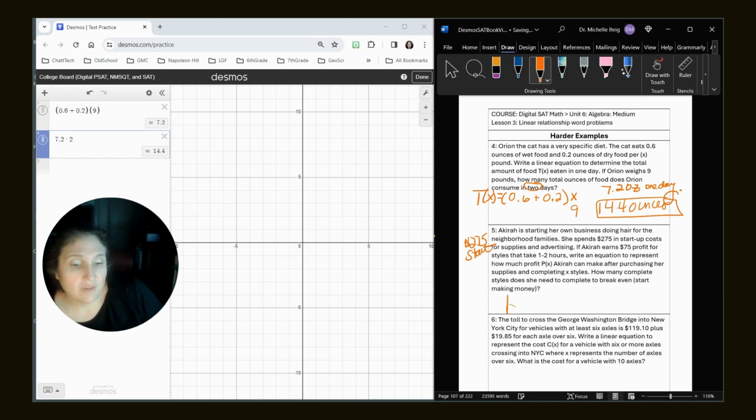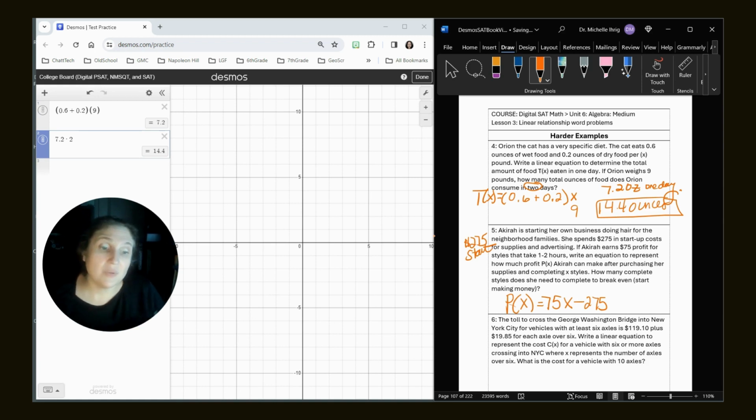So her profit will be $75 per style, but we have to subtract her 275 starting costs. So sometimes we would put the 275 first, but that's not what we're doing. We're doing $75 per style, subtracting the 275.